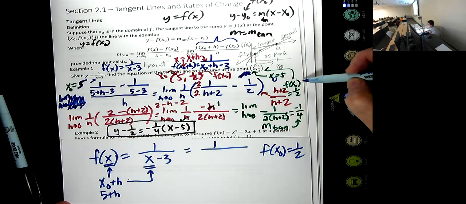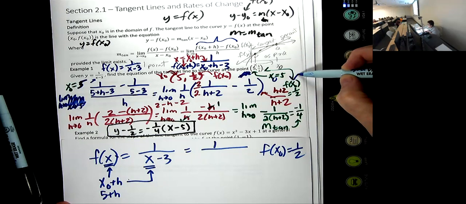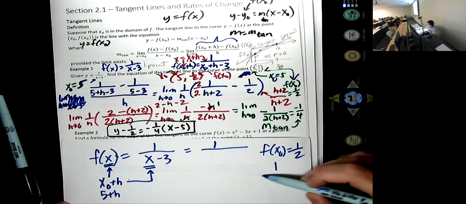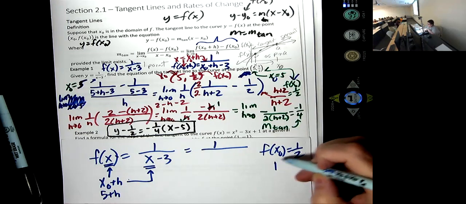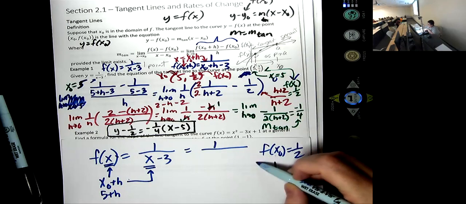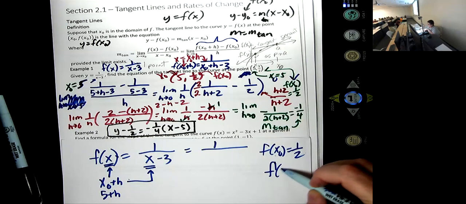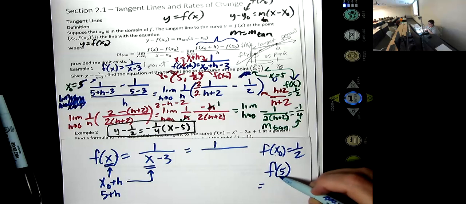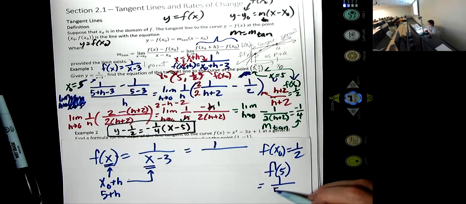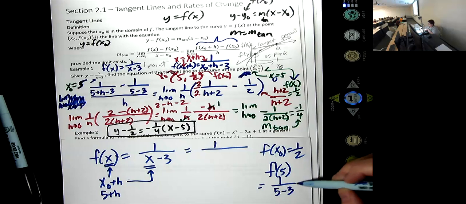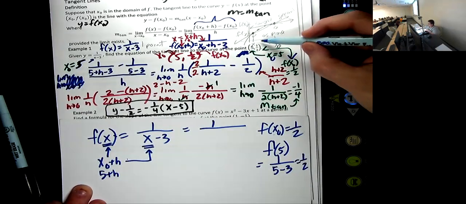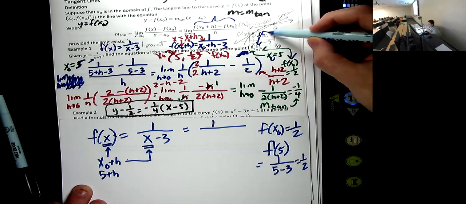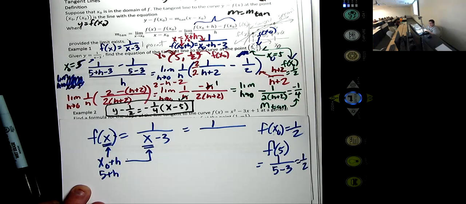It's listed here, and we still could have used it right here. x naught is 5, so f of x naught is really f of 5, and we're doing 1 over x minus 3. So 1 over 5 minus 3 gets us that 1/2. You could have seen it from the point here, that's an f of x naught, or you could have plugged the x naught in and just found out what it was. In both cases, you get that 1/2.